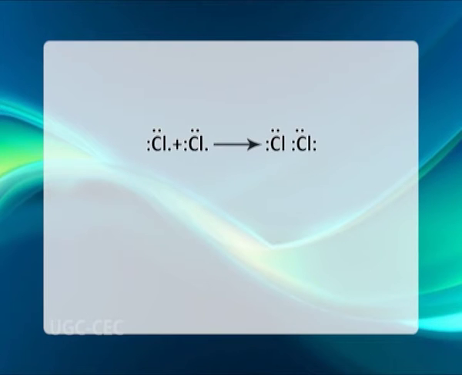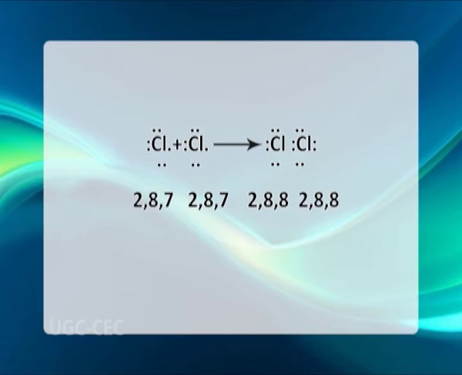Both the chlorine atoms share one pair of electrons and each gains an electronic configuration of 2, 8, 8, that is a stable nearest noble gas electronic configuration.